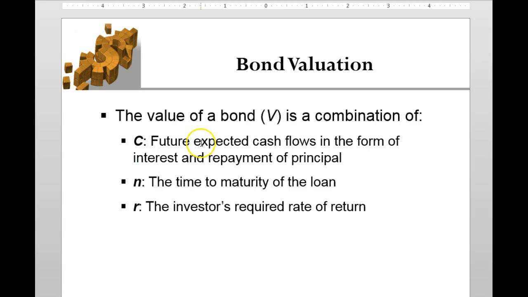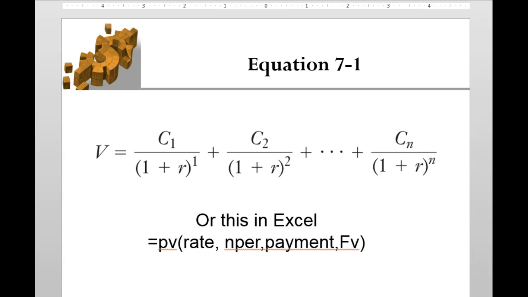So what we've got is future expected flows, right? We have the time to maturity, and we have the investor's required rate of return. And this looks like this in an equation: you're going to take cash flow 1 over 1 plus the rate to the first power, and that's going to be your first year.